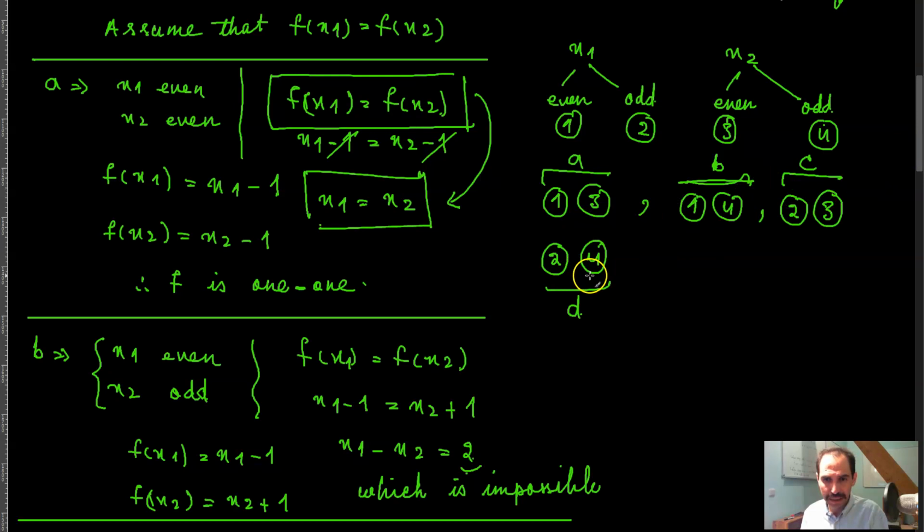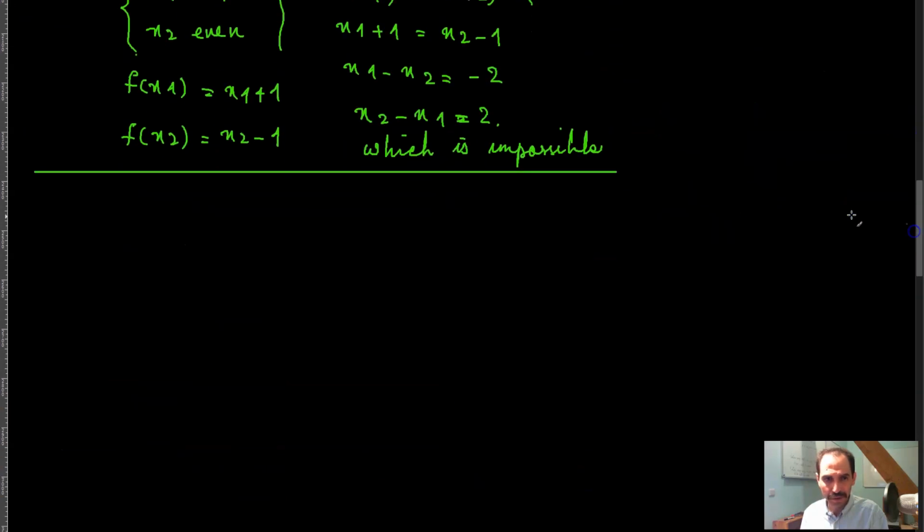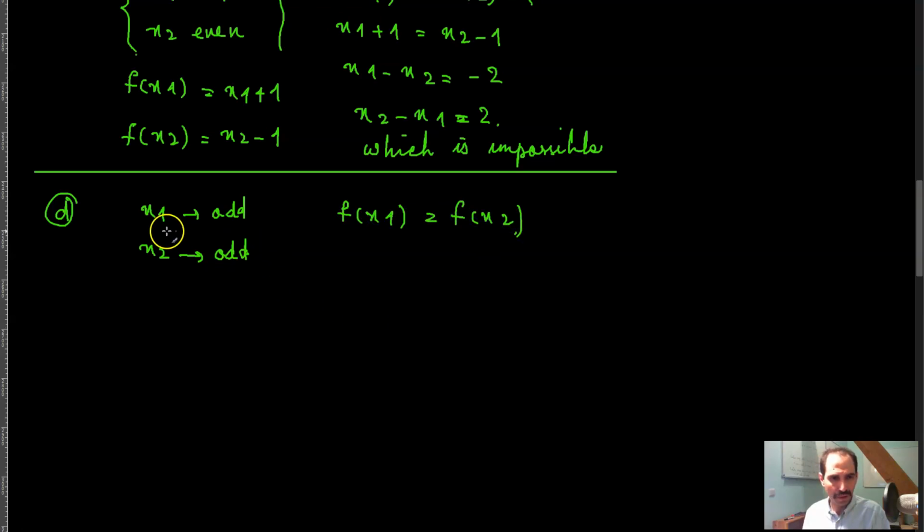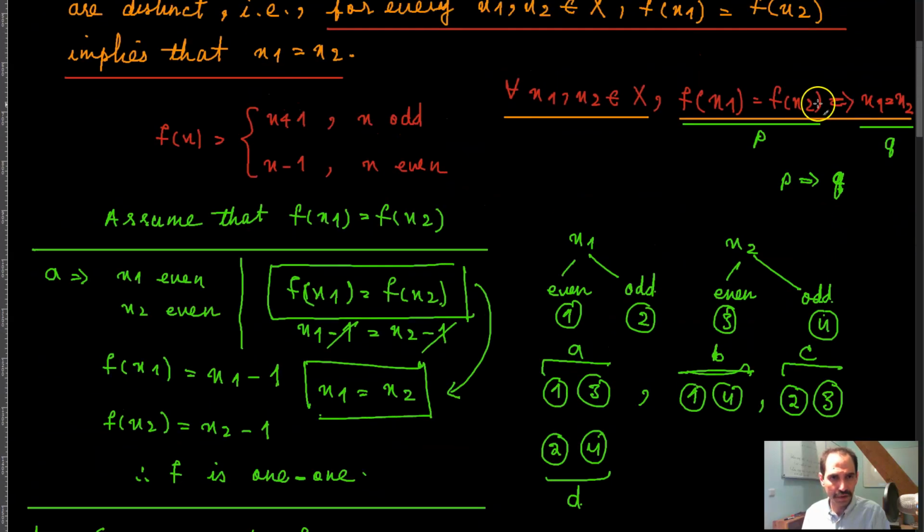Now, case D is 2 and 4, so that means that x1 is odd and x2 is odd. If that is the case, and I assume that f of x1 is equal to f of x2, then what was the rule for being odd? x plus 1, right?